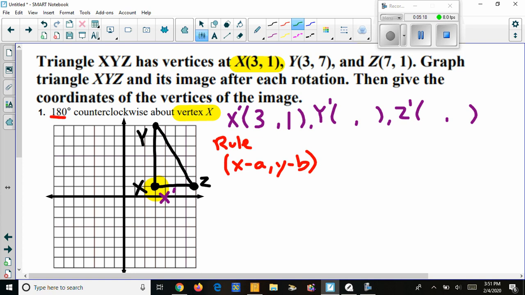I need to recall that X and Y are going to come from my center of rotation. It's supposed to come from our point at which we are rotating. So that point, X was 3 and Y was 1.